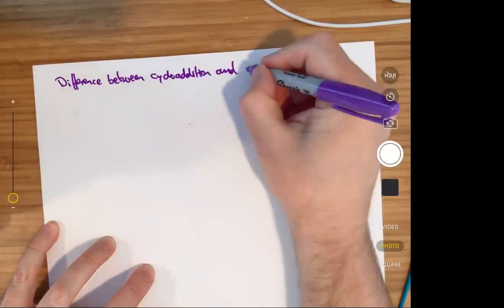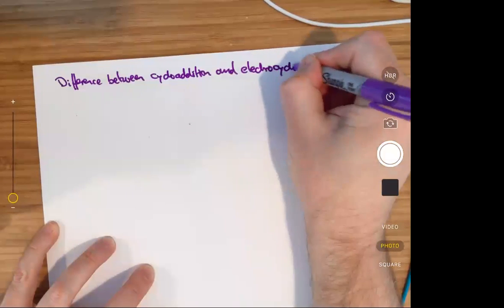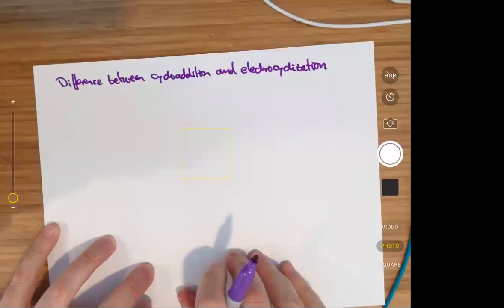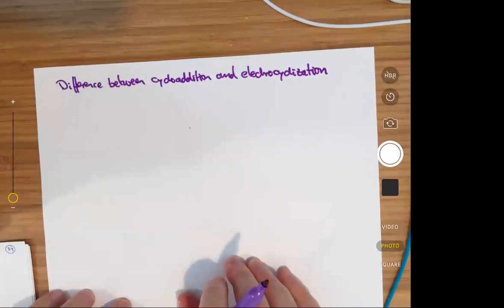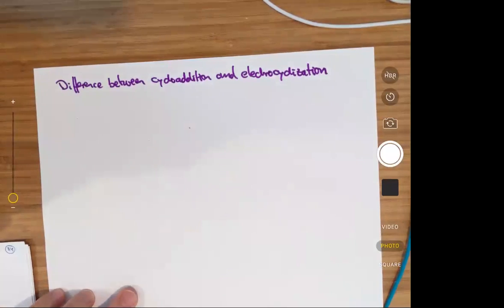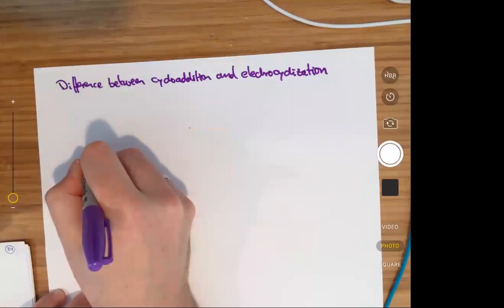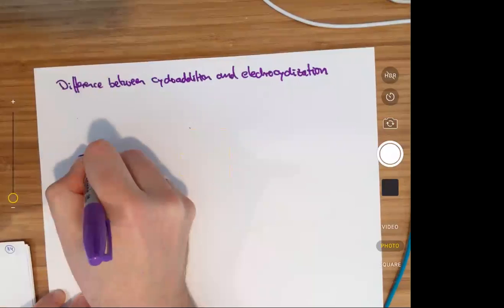So let's look at 2 examples so that we have them right next to each other to see what the key differences are. And we're going to do an intramolecular mechanism here. So let's do something like this.